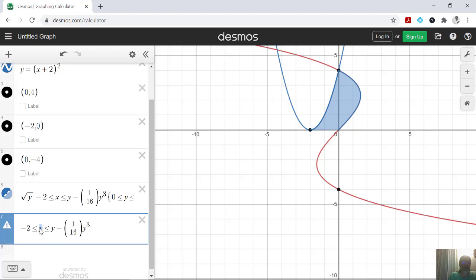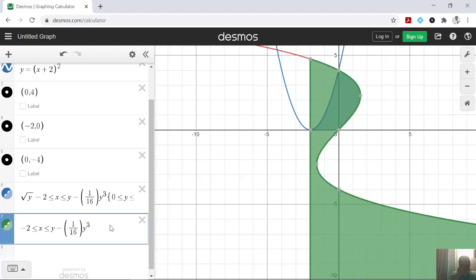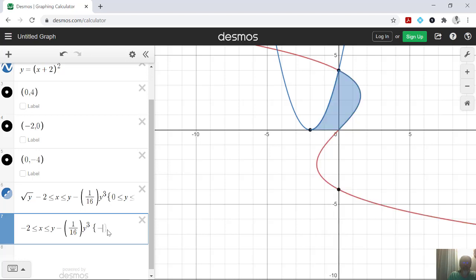I'm sorry, those are x limits. So again, this covers a whole bunch of things, but if we restrict the y values from -4 less than or equal to y less than or equal to 0, then we have that bottom part of our region.